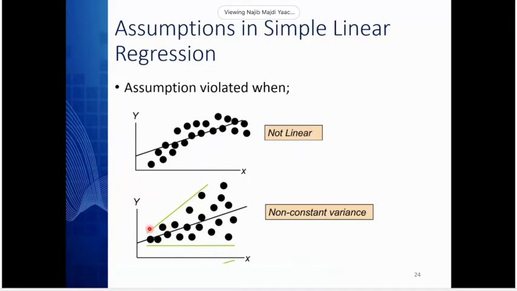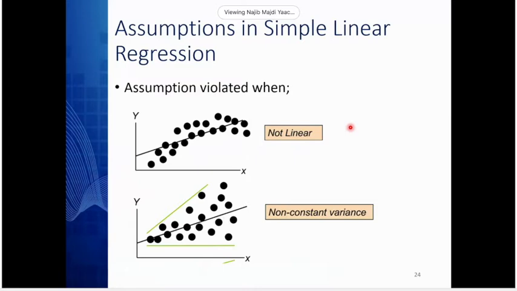Here you can see that the dispersion of y increases as the value of x increases. Initially the dispersion is very small, and when the value of x increases, the dispersion becomes larger. So in this situation, the assumption of constant variance is violated. In the other condition, the assumption of linearity is violated.